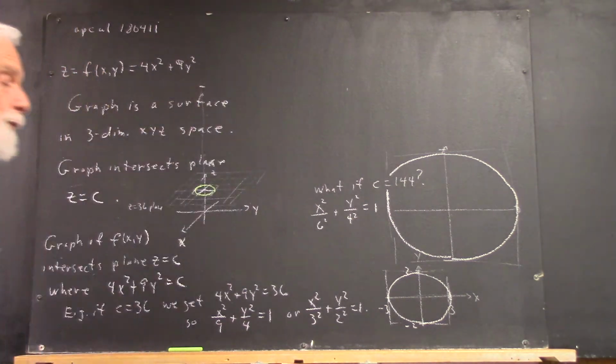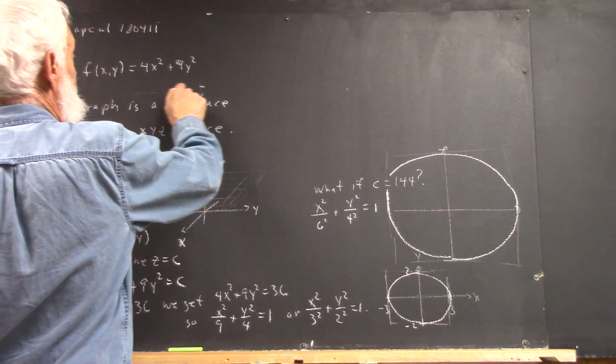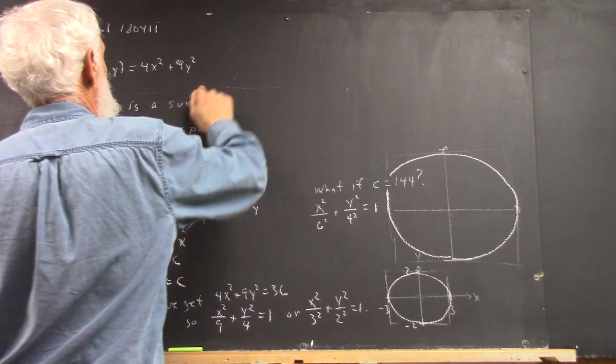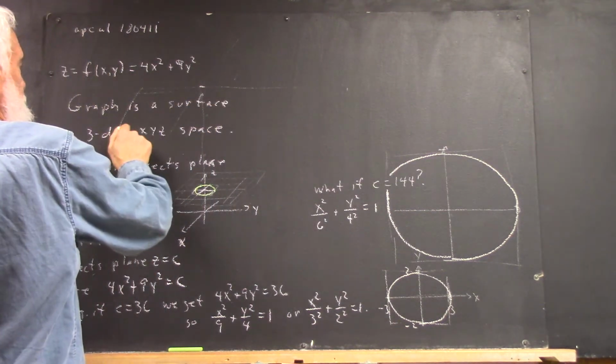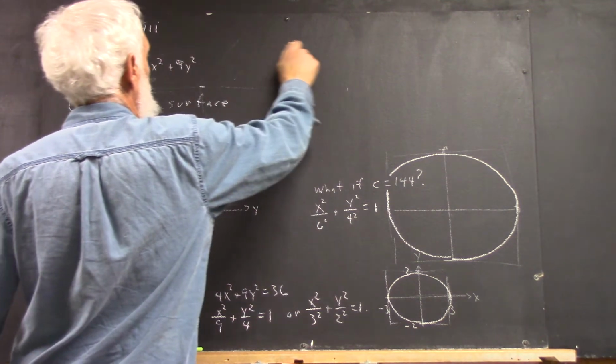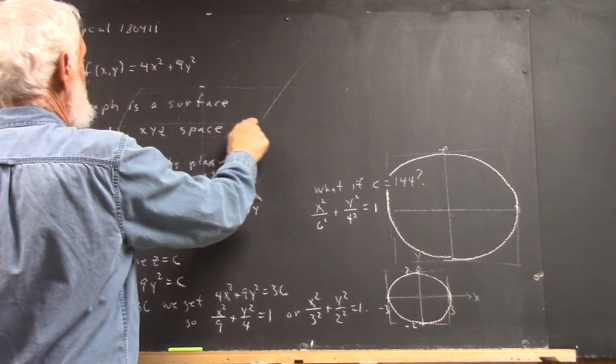So here's z equals 144. Okay? And we're going to have to draw a plane like so. And like so. So here's our z equals 144 plane up here with all this writing all over it. Right? It's going to look like this.